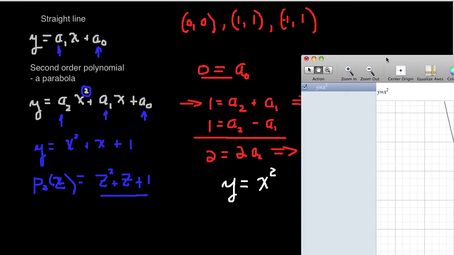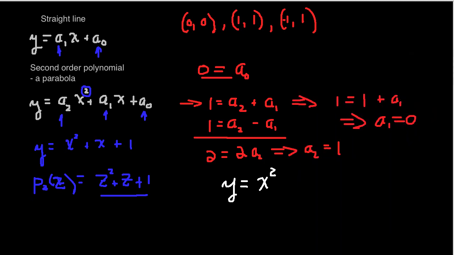So I have a unique solution to a parabola that goes through these points. The general equation is of this form, and having 3 points allows me to uniquely solve for the 3 constants in the equation. Okay, more next time.